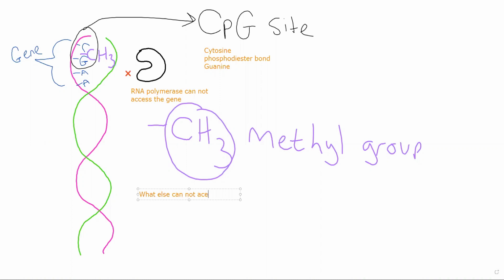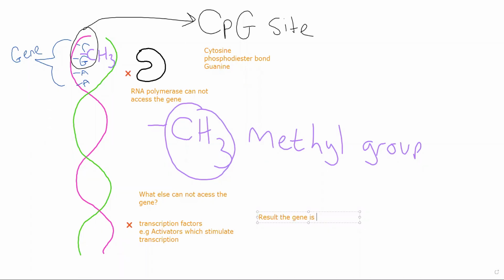But what else cannot access the gene? So we have to think, what is the other type of machinery needed for transcription? And often you have transcription factors, and you might remember there are repressors and activators. Activators are things that stimulate transcription and therefore increase the rate of transcription, things like estrogen.